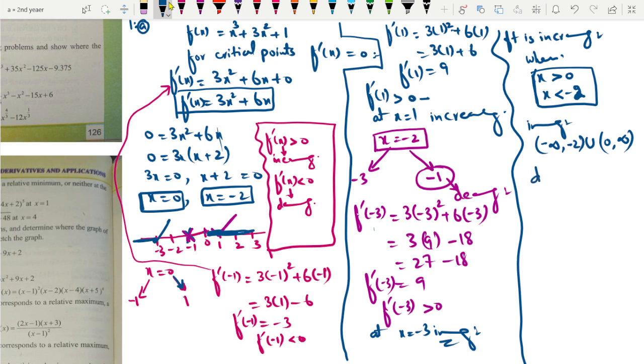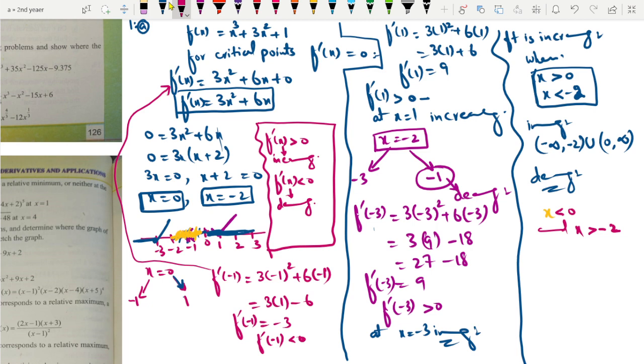And for the decreasing function, here we see that from 0 to -2, the function is decreasing. So you can write it as when x is less than 0 and x is greater than -2, the function is decreasing.